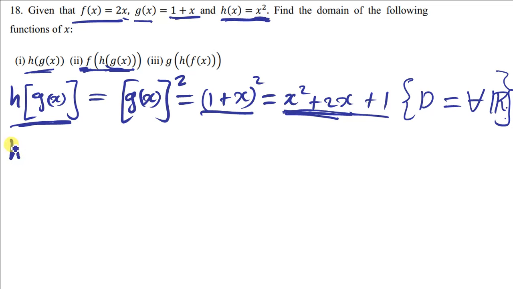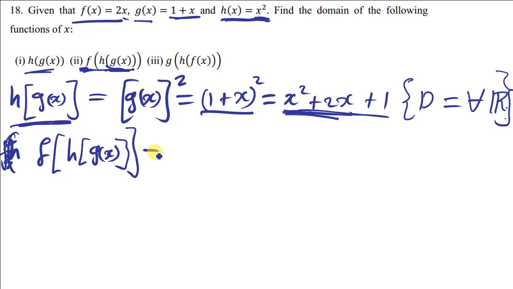So we're trying to find f of h of g of x, which is just replacing x there with (1 plus x) squared.